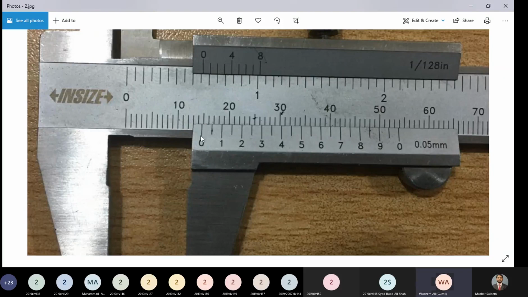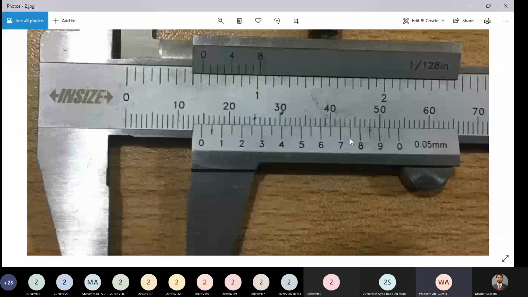We will not count the 0 line. We'll start from here. 1, 2, 3, 4. Similarly, the line on which 7 is written is basically the 14th line, and this line will be the 15th line. So vernier scale reading is 15. Main scale reading is 14 and vernier scale reading is 15.